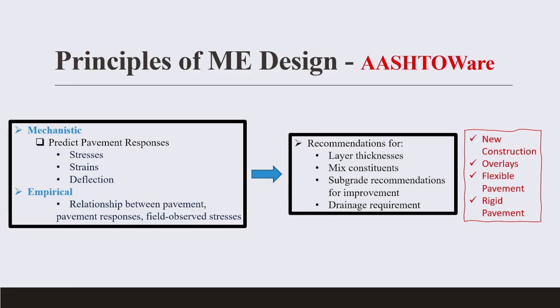What should you do to your subgrade? Do you understand whether it needs any improvement? And then the drainage requirements. So this is the difference. That's the first one. So you can actually Google AASHTOWare, the software, and you can have a feel of it.